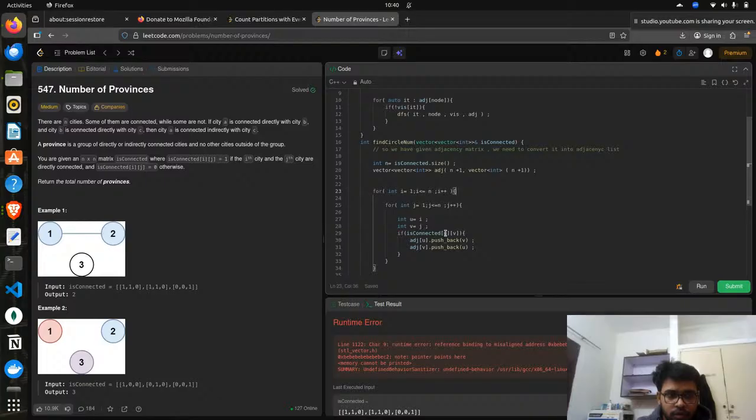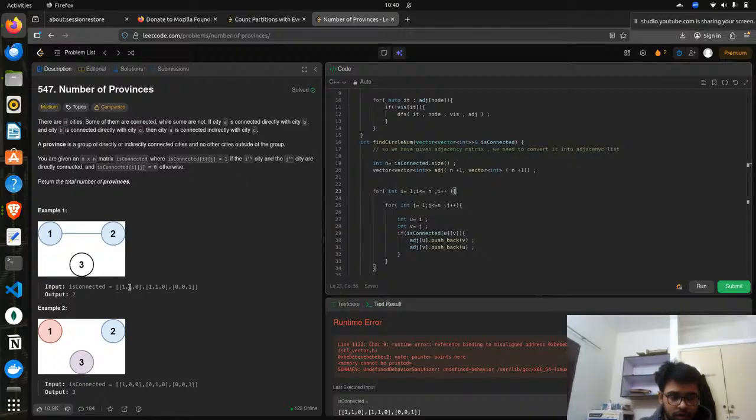Okay, here we have made a mistake. I looped from 1 to n, but isConnected is only supporting indices 0 to 2.